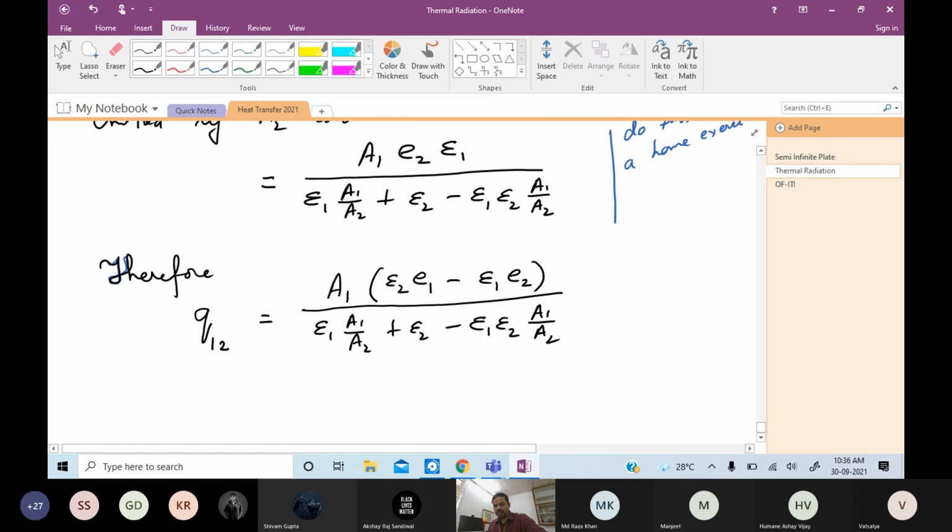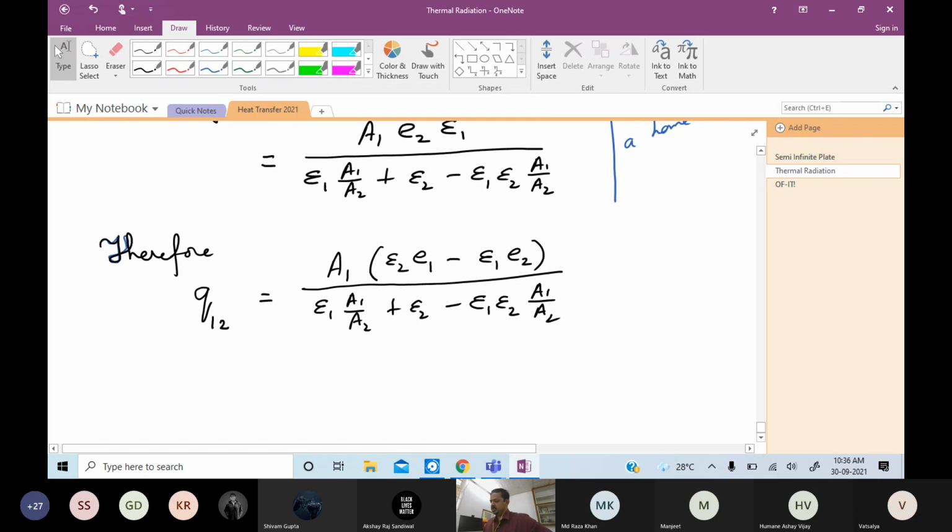Now what I want to do is remove the dependence on epsilon. So what can I therefore write? E1, E2 we know.